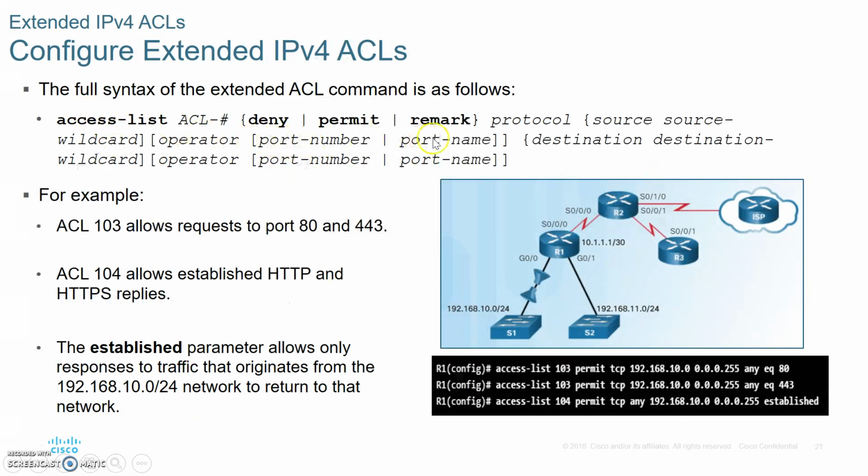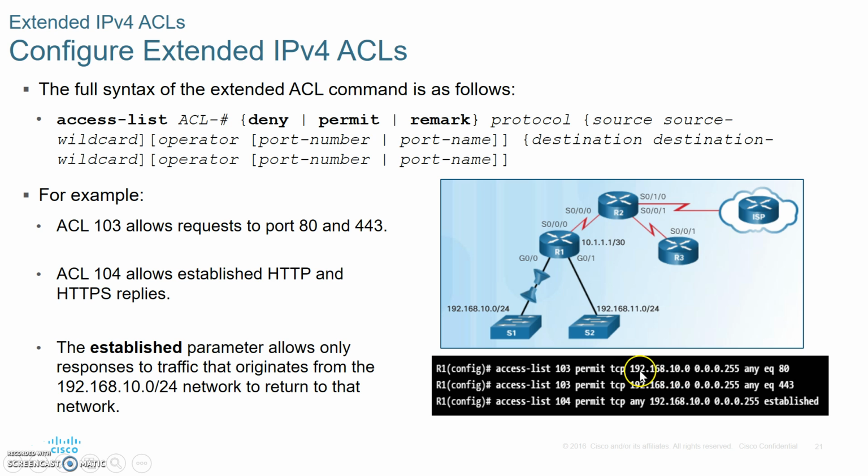This is the full syntax of your access control list. Instead of going through the full syntax, let's look at the rules again. Here, I'm creating 2 access control lists, 103 and 104. For 103, I'm going to permit protocol TCP from 192.168.10.0, wildcard 0.0.0.255. This is the source IP. Destination IP is any, so I don't have to check the destination.